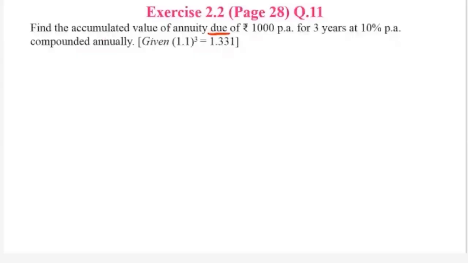Accumulated value in annuity due is not A, but it is A dash. Do you remember that? In annuity due, we don't call it A, we call it A dash. Find accumulated value of annuity due of rupees 1,000 per annum. Every month you are going to deposit 1,000 for 3 years at 10% per annum compounded annually, and you are given 1.1 raised to 3 is equal to so and so.